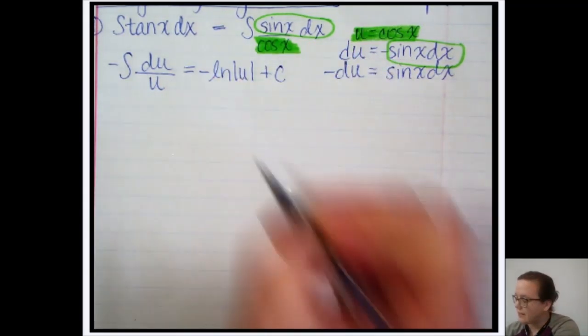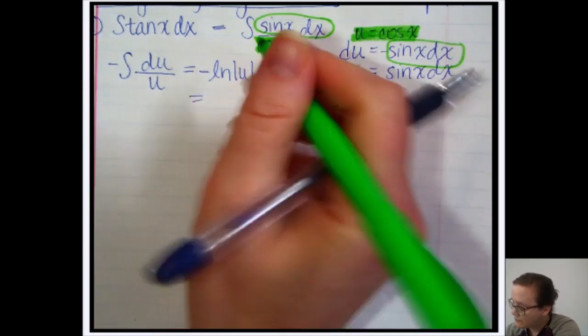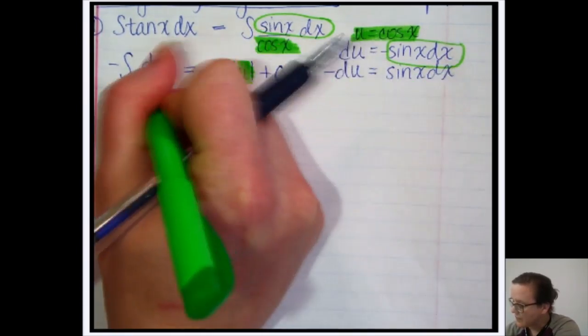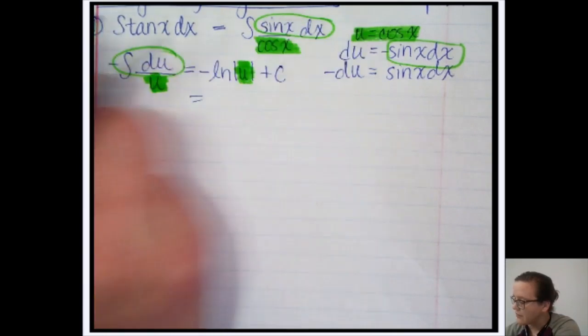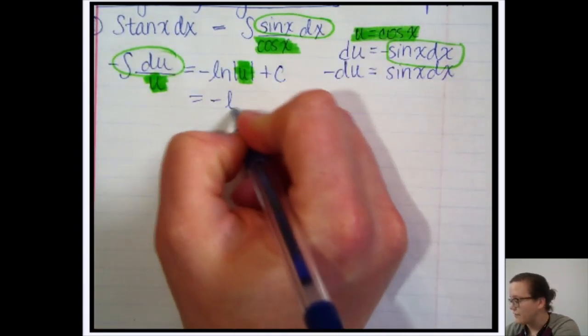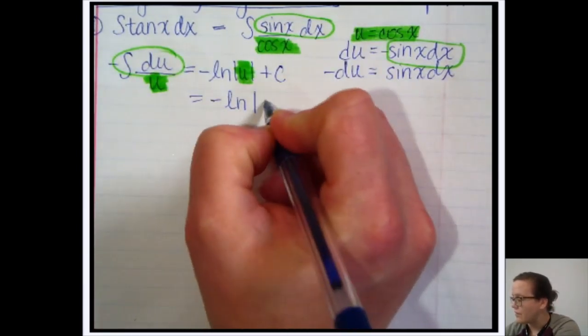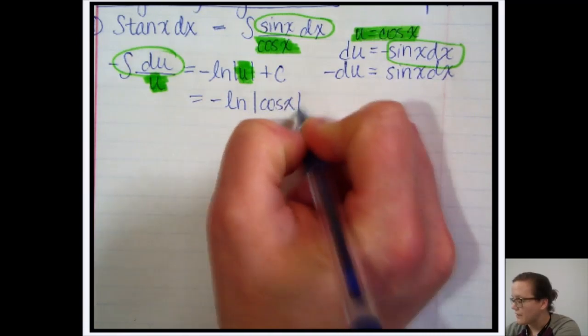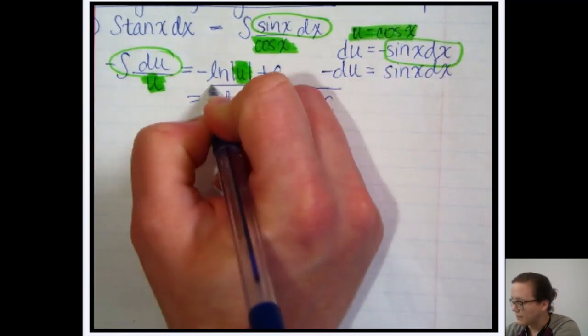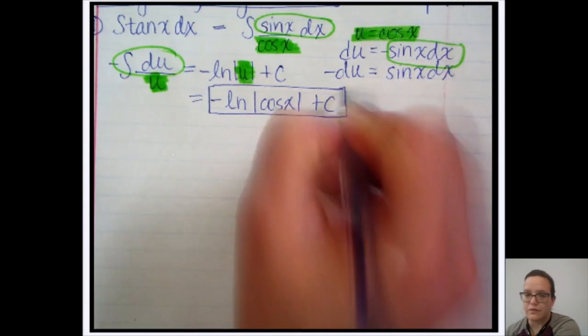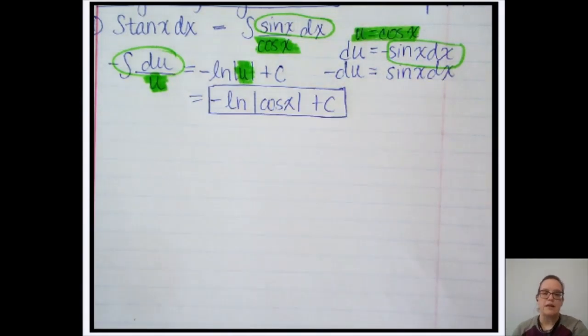Okay. And then if we replace u, if I go back and do that, we get negative natural log of cosine of x plus c. Okay. And so that is our integral for tangent.